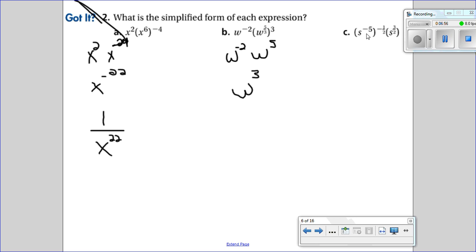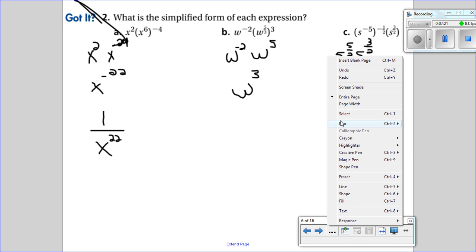Here, the power raised to the power is first. So we're going to take negative 5 times negative 1/2. So negative 5 times negative 1/2 becomes s to the positive 5 halves times s to the 3 halves.